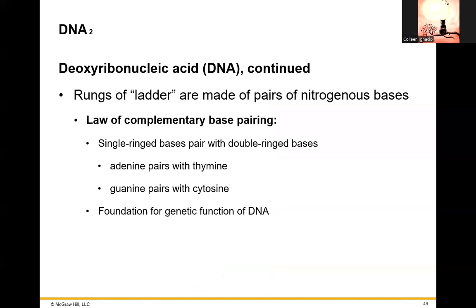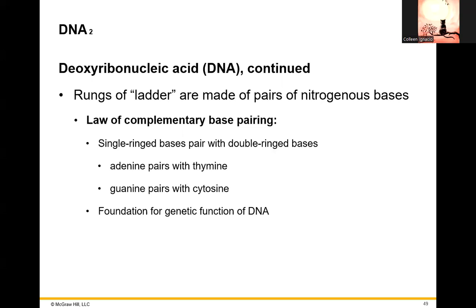So the rungs of the ladder are made of pairs of nitrogenous bases in DNA, and we have some pairing going on. When we think about these bases, it is complementary pairing. So we have adenine that always pairs with thymine, and guanine always pairs with cytosine.